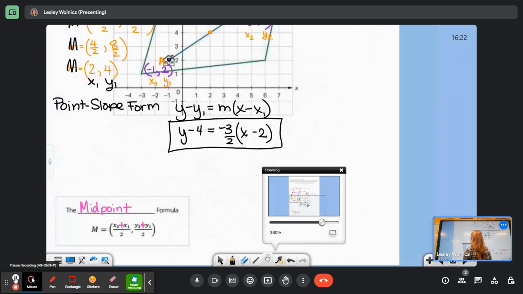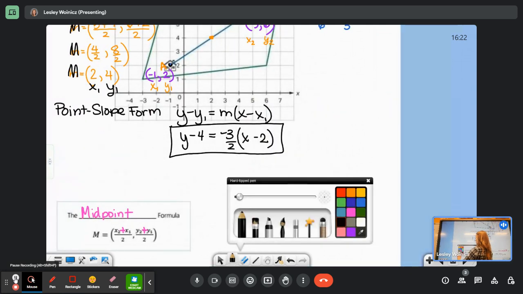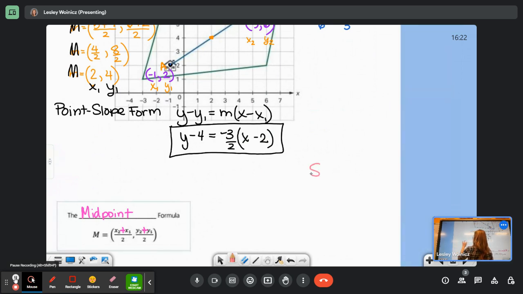If we want slope intercept form, we have to do a little bit more work. Slope intercept form is y equals mx plus b. To get that, we have to get rid of these parentheses, so we're going to distribute our negative 3 halves. We get y minus 4 equals negative 3 halves times x.